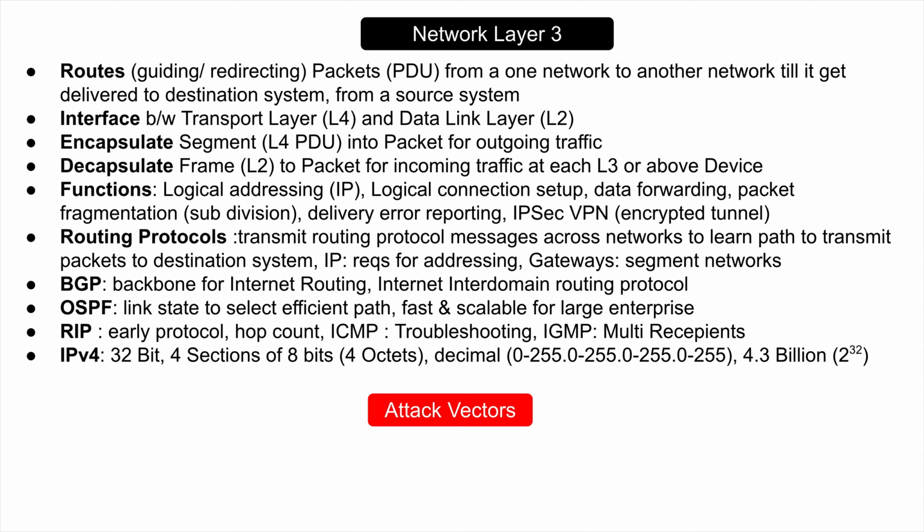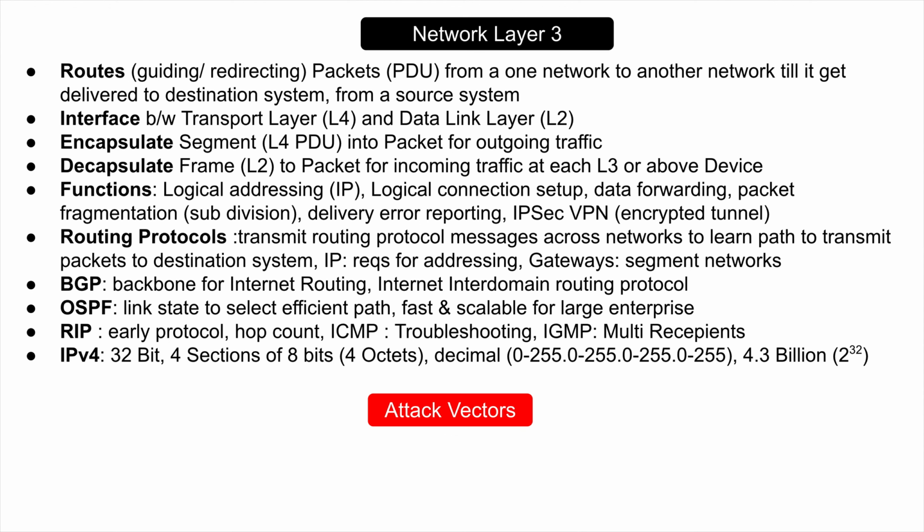There are two versions of IP address, IPv4 and IPv6. As I have said, an IP address is a logical address of a device, and it is used to communicate traffic or data from one device to another.